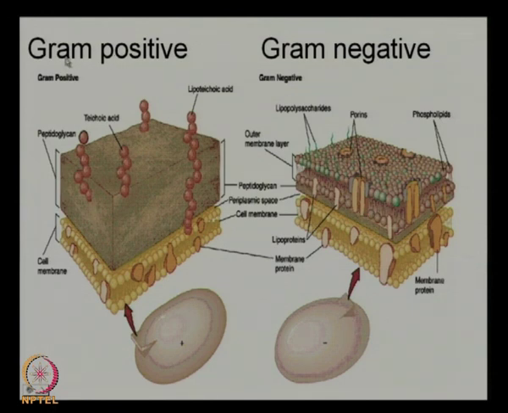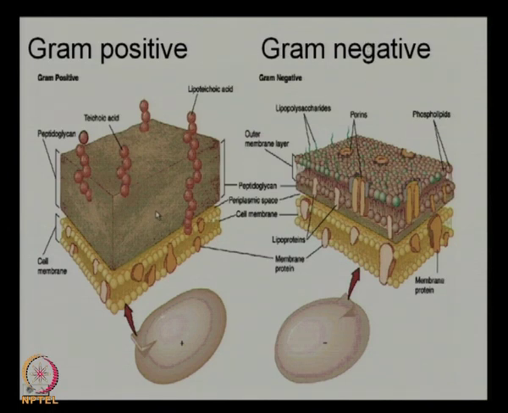Now, why is it called gram staining, gram positive, gram negative? Because this test was developed by the scientist Hans Christian Gram, and based on his name it is called gram positive and gram negative. In gram positive bacteria, the cell membrane is there, the periplasmic space is there, and in both cases the peptidoglycan chains are there.